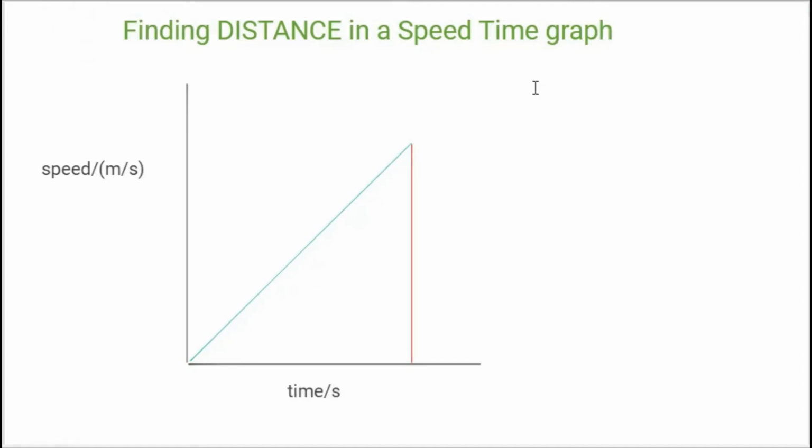Distance is half base times height, as you know. For understanding, let me label the base. The base is the x-axis or the time, and the height will be the perpendicular height, which will be found by that speed there.